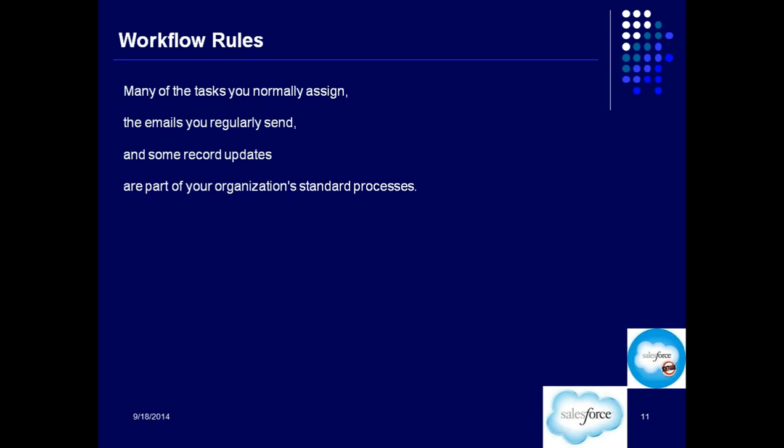So some emails being sent, or some of the tasks which are being assigned to people, or some records which are being updated. So some of these tasks are regular things, and some of them have a very clearly defined logic. What we have to understand is, is there a clearly defined logic behind a task that you do?